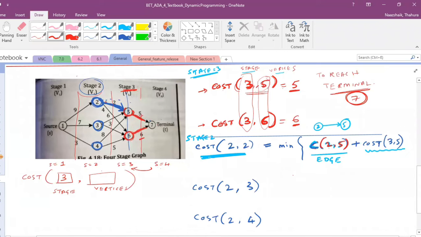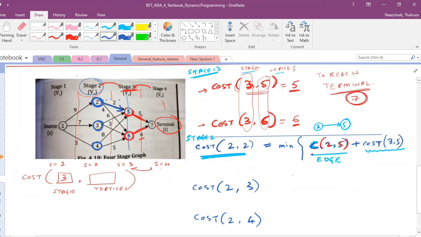Okay. Now coming to the previous stage, because this is a backward approach, we are done with this. Now we are going from here, right? So what it will say is, how do you go from stage 2 to the terminal? You have to go from stage 2 to stage 3, and from there only you can go to terminal, right? So first you have to pick one direct edge, and from there you can pick other paths.